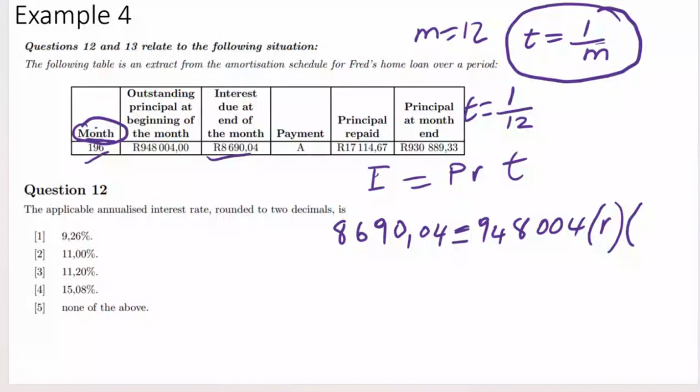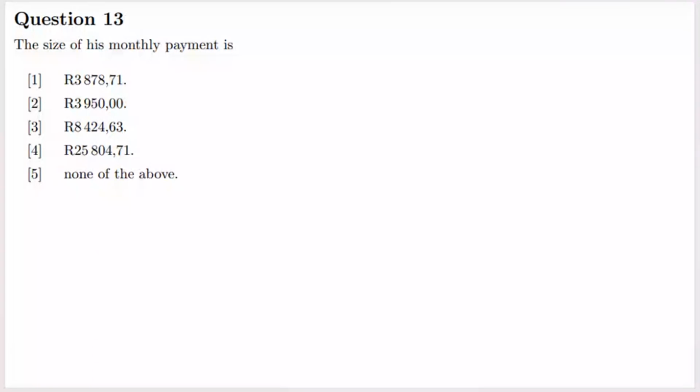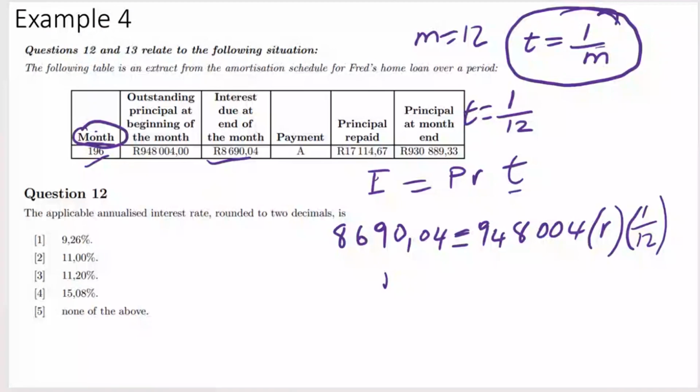So remember this formula when you're doing an amortization table. I'm highlighting common misconceptions in these questions. Okay, so our T is 1/12. Once you've got that, you rearrange everything, and you find that your R is equal to 0,11.